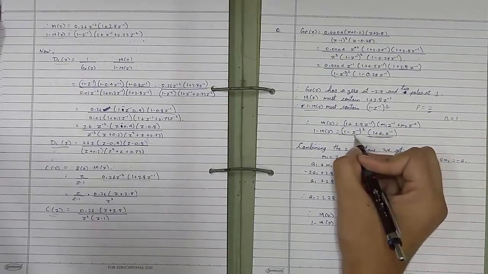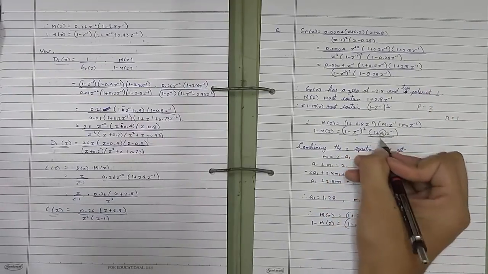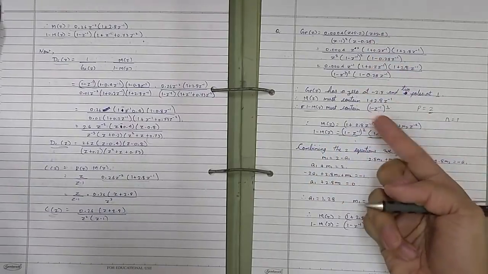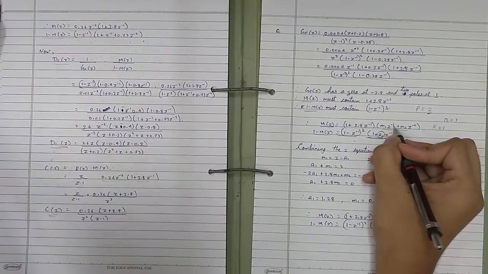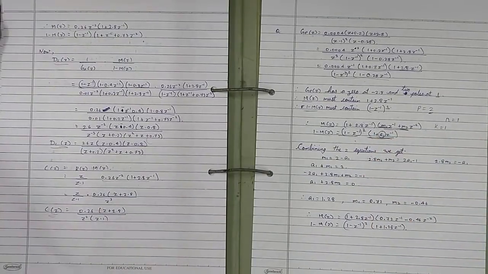So from this I get that I have obtained one unknown from here. Okay. So based on this one unknown I'll make m of z which will have 2 unknowns. So in this case I will use k equals to 1, and from there I'll write z raised to minus 1 and z raised to minus 2, from which I'll get 2 unknowns. Okay.